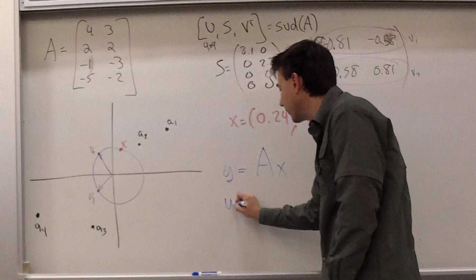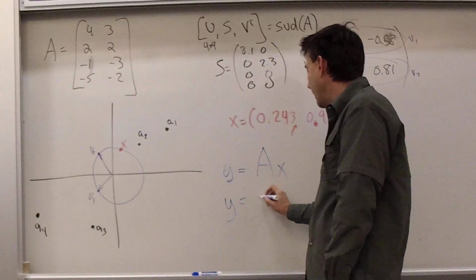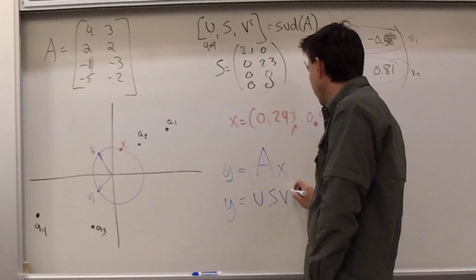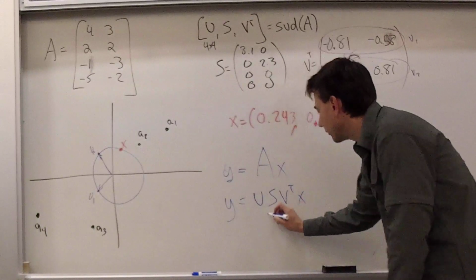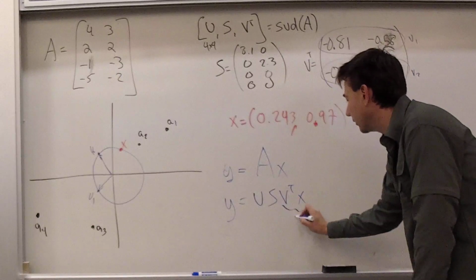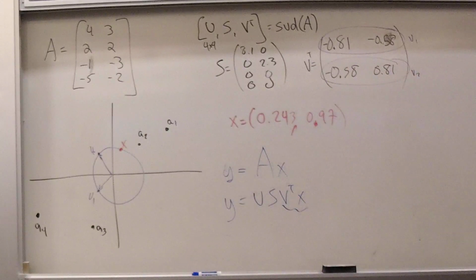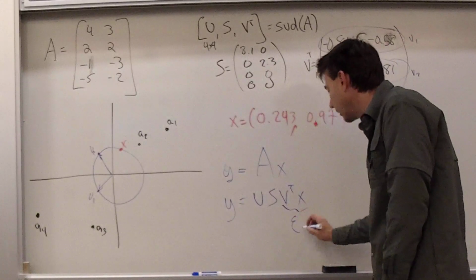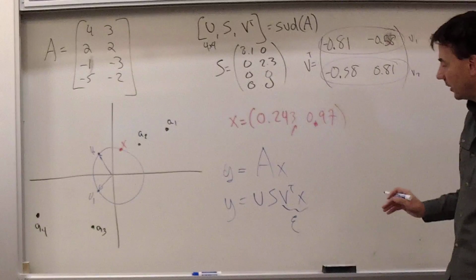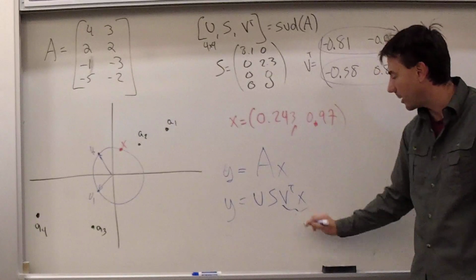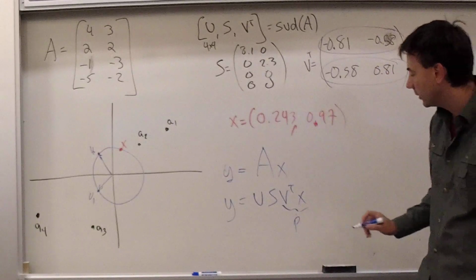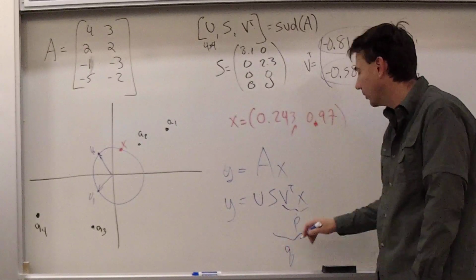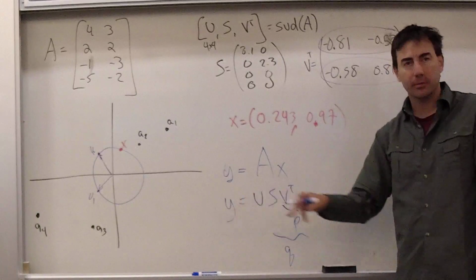This is going to be U S V transpose x. Let's call the first result p. S V transpose x is going to be q, and then I multiply by U, I'm going to get out y.